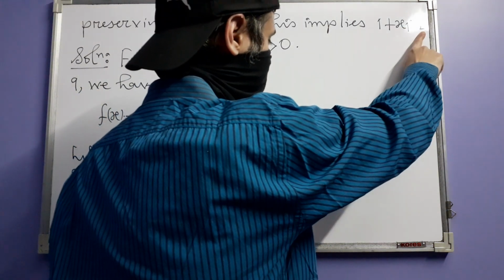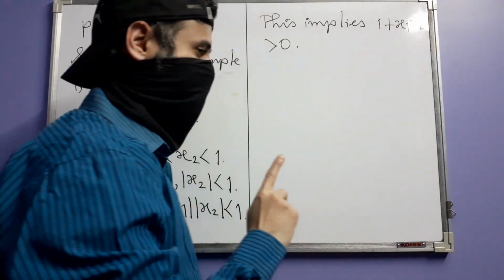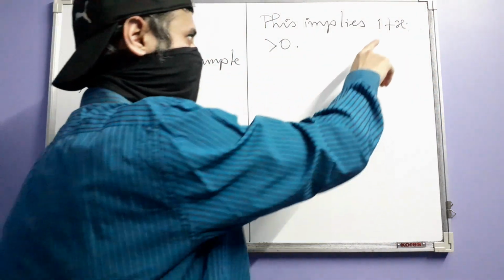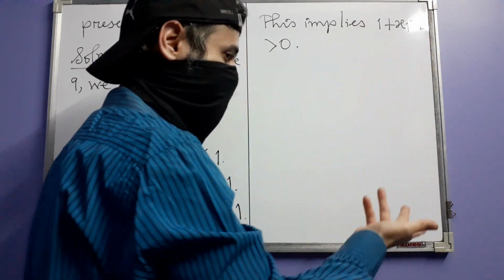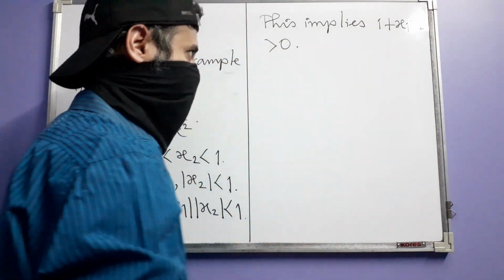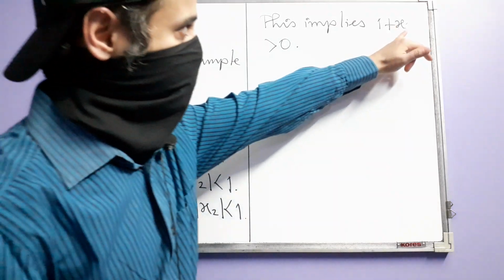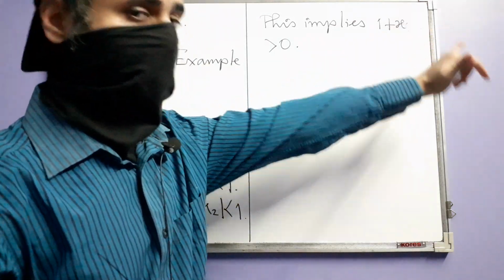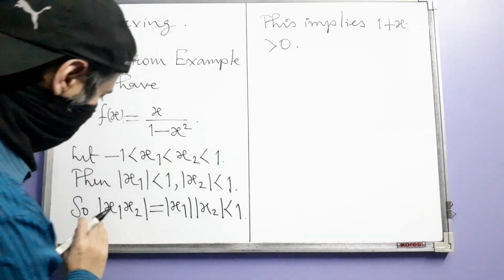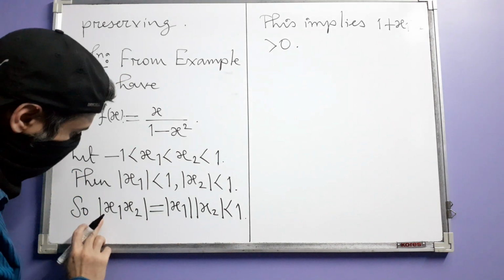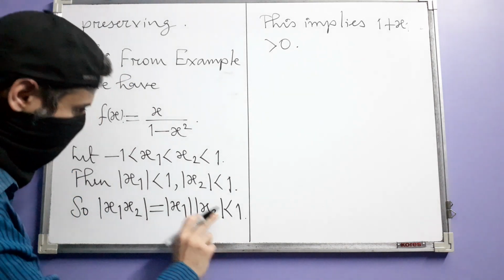If it is 0, then this is equal to 1, which is positive. If it is positive, then also this is actually greater than 1, still positive. But if x1 x2 is negative, you look at this, okay, the absolute value of x1 x2 is less than 1.